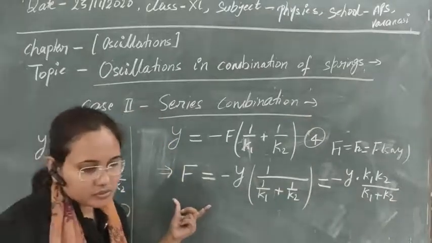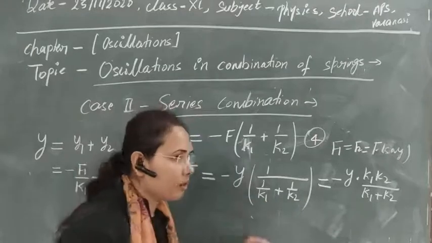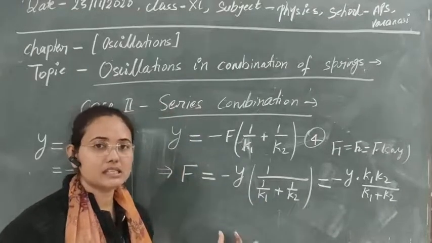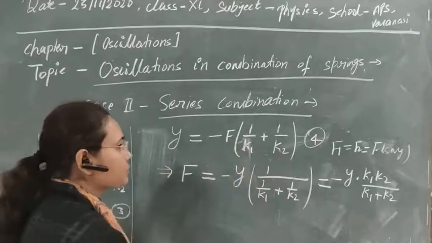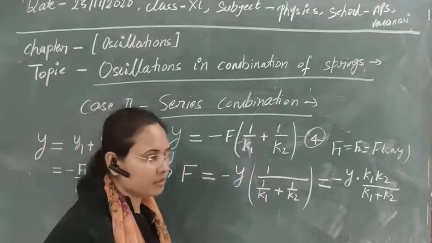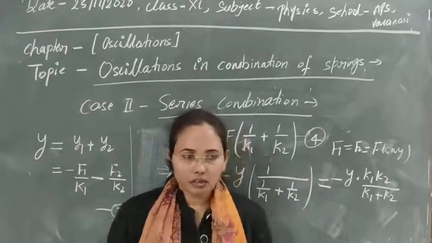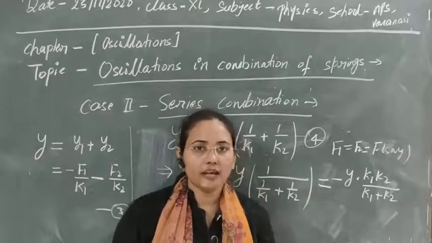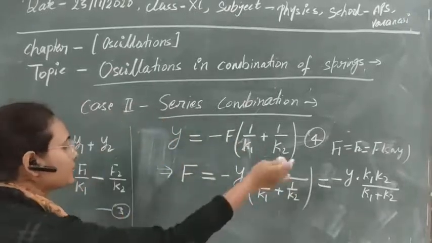And now suppose that capital K is the spring constant of the combination of springs in series, and K1 and K2 are the individual spring constants of the springs which we are joining in series. Then we can calculate the value of the total spring constant in this series combination.